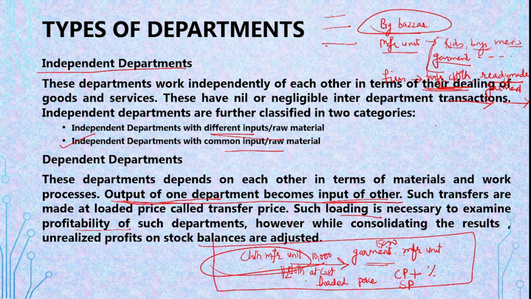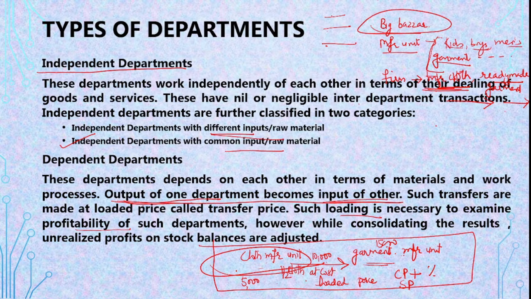So you charge it 15,000. That means the cloth manufacturing unit made a profit of 5,000. You can understand this in these words also: if you have manufactured cloth of 10,000 and, in place of giving it to the garment unit, which is a part of your main business, you sell it outside for 15,000, your profit is 5,000. So this unit is making 5,000 rupees of profit.